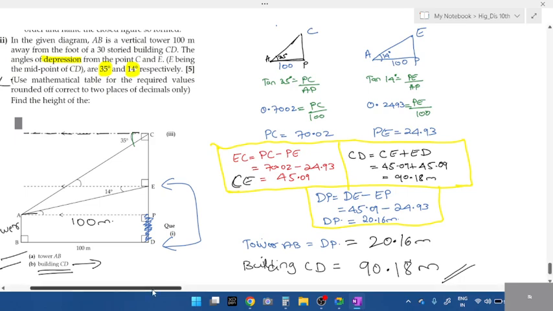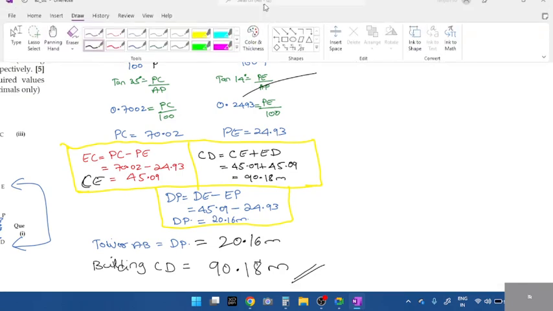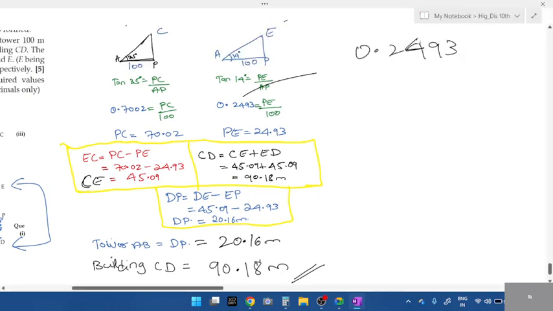They've just rounded off the values. Even this is correct. See what they've taken for 0.2493, students. How do you round it off to 2 decimal?